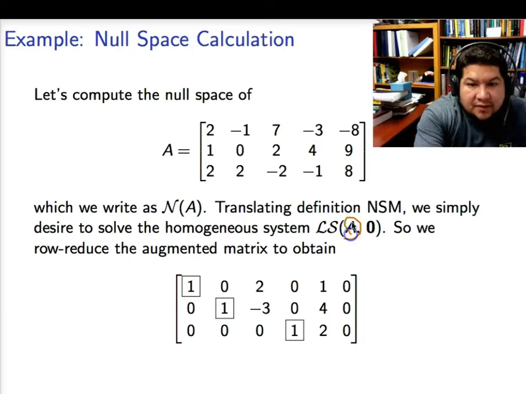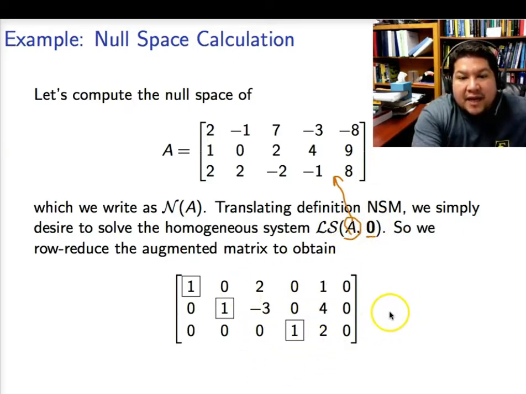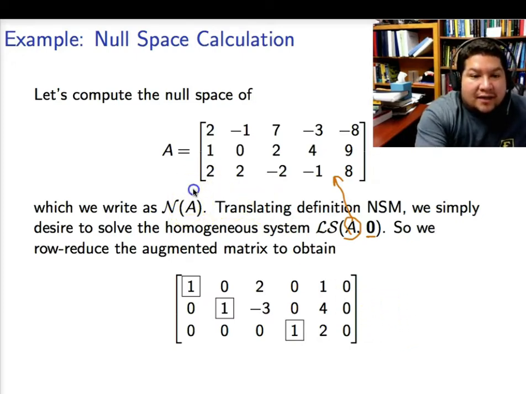So this matrix of coefficients would be considered this matrix, and the vector of constants is the vector of zeros, and so to find the solution of that homogeneous system, we would row reduce the matrix, and that is exactly what we do to then write the null space.